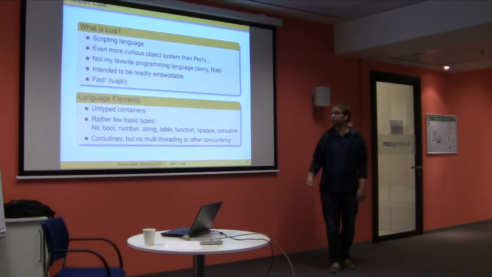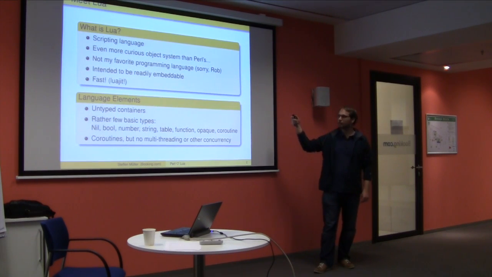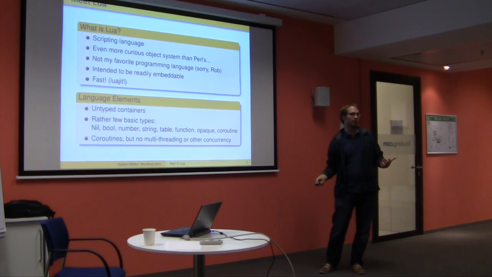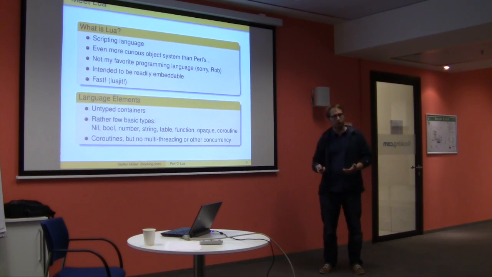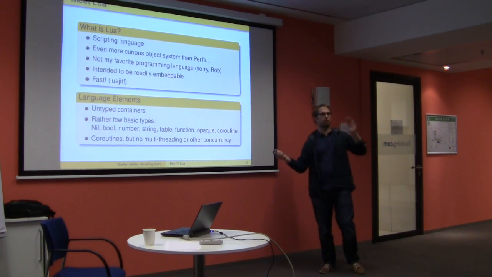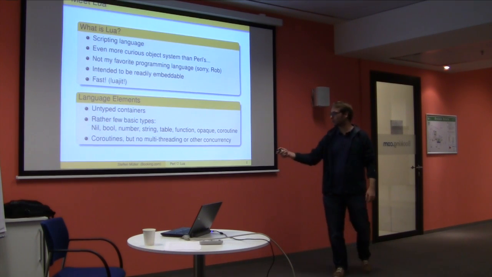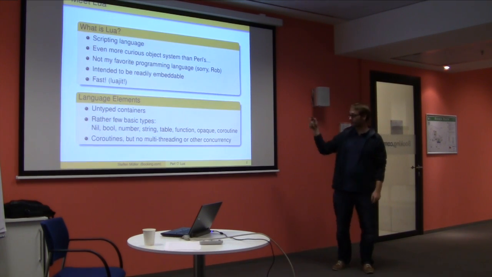So what's in Lua? It has untyped containers, just like Perl. Actually, more so. It doesn't distinguish between hashes and arrays, for example. And it has just a few basic types that you don't usually see in the same way that in Perl, a string could be an integer or something, and it all sort of happens to be something behind the scenes. That's kind of the same way in Lua, not quite, because it doesn't actually represent them all at the same time. So it has a notion of undef, it has a Boolean, number, string, a table, we'll get to that.